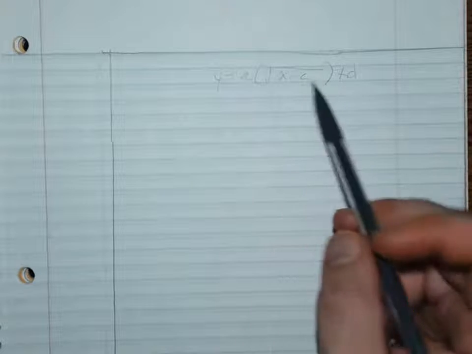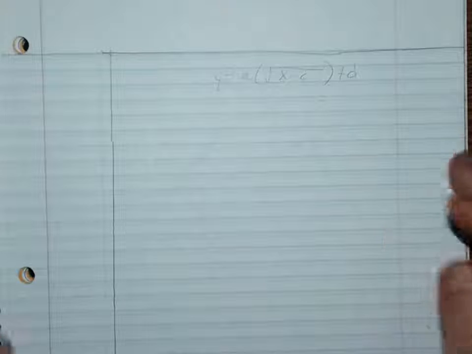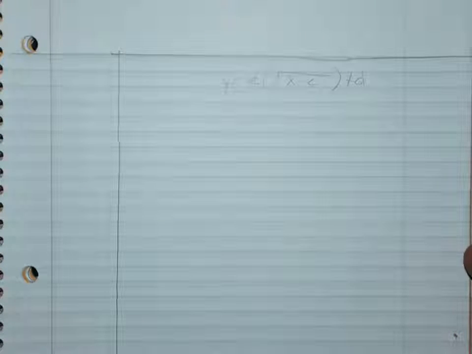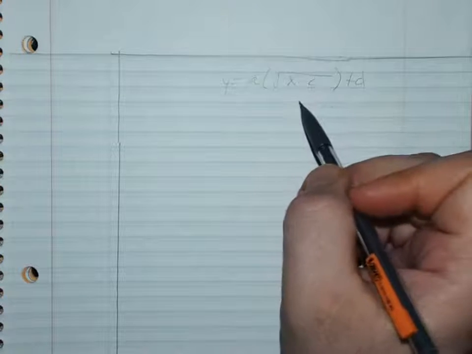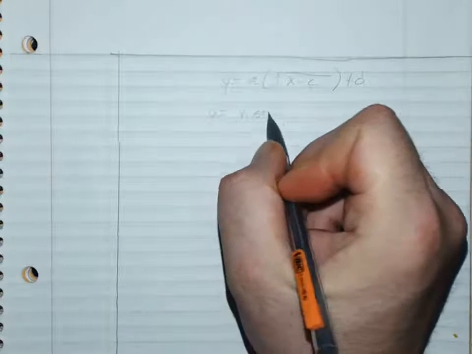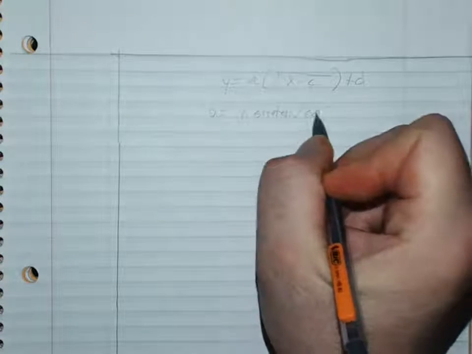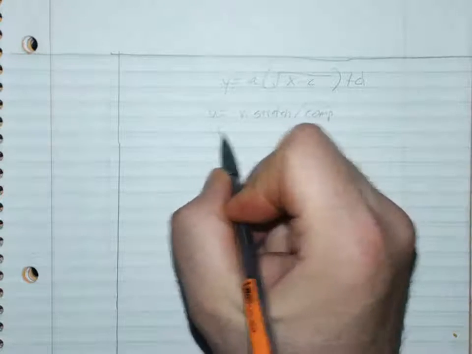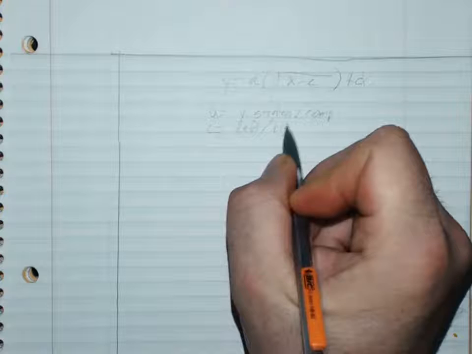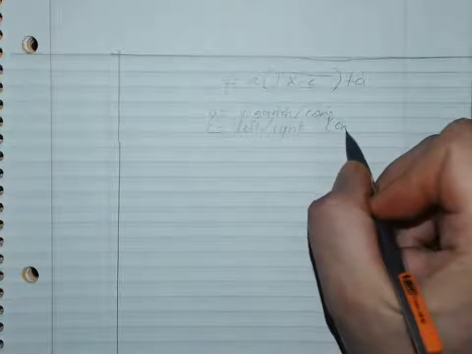And in order to identify the transformations, we should probably identify A, C, and D, and then we can interpret them, which we, at this point, should be really good at because we've done it so much. Remember, A is the vertical stretch or compression. C is whichever way we're moving, left or right. And remember to change the sign first.